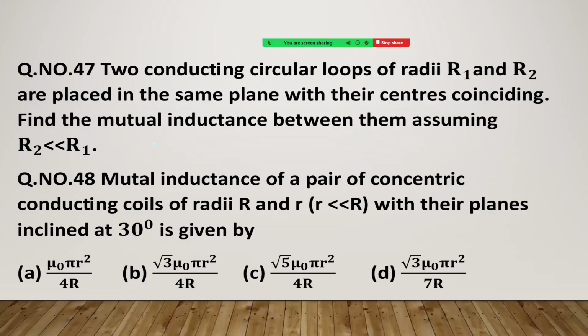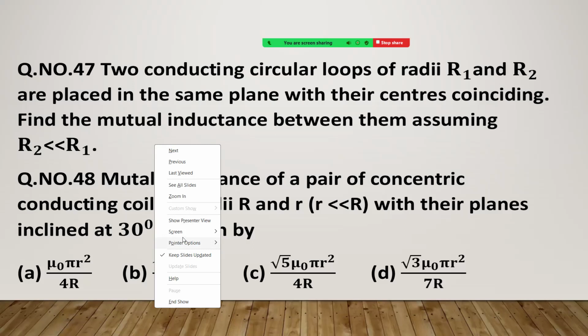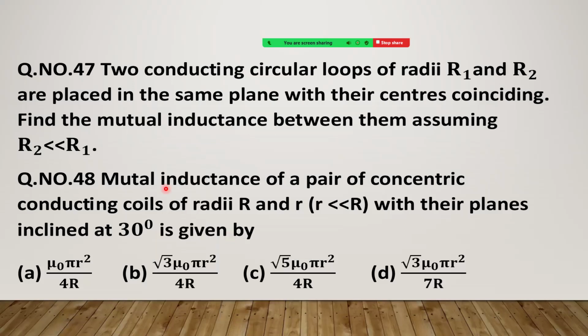Let us see the next one. Question number 48: the mutual inductance of a pair of concentric conducting coils of radii capital R and small r, where small r is very small compared to capital R, with their planes inclined at 30 degrees, is given by.